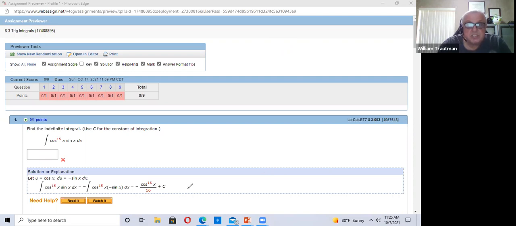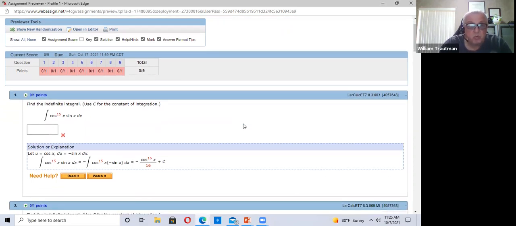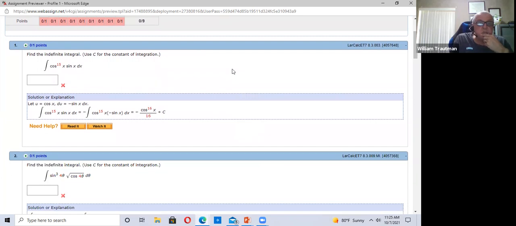Number one, it's set up for us so nicely, because we have the cosine with a power and we have the sine already. If I say u equals the cosine of x, then du is the negative sine of x dx. So the only thing we really need here is a negative, and so then we put a negative out in front. And we can integrate this as u to the 15.